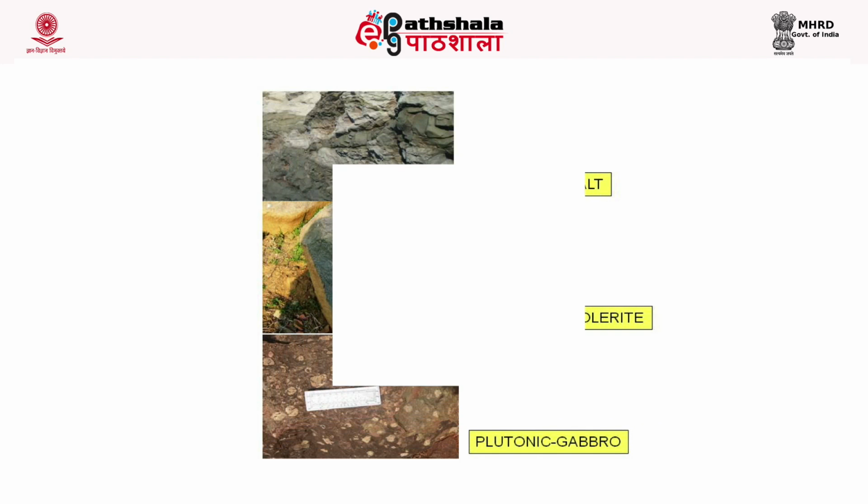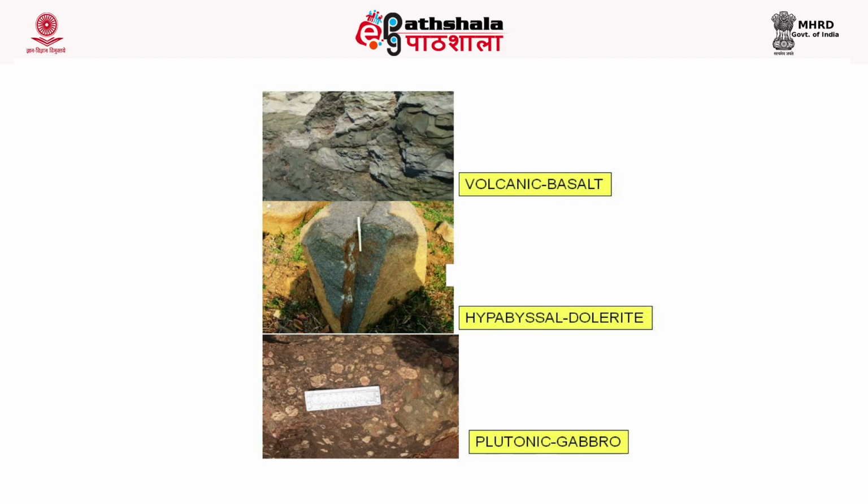Now, here you can see three photographs. The first one is the photograph of volcanic rock. This photograph is of basalt. Here you can see the rock is extremely fine grained, and as discussed earlier, this fine grained texture is due to the rapid cooling of the lava.